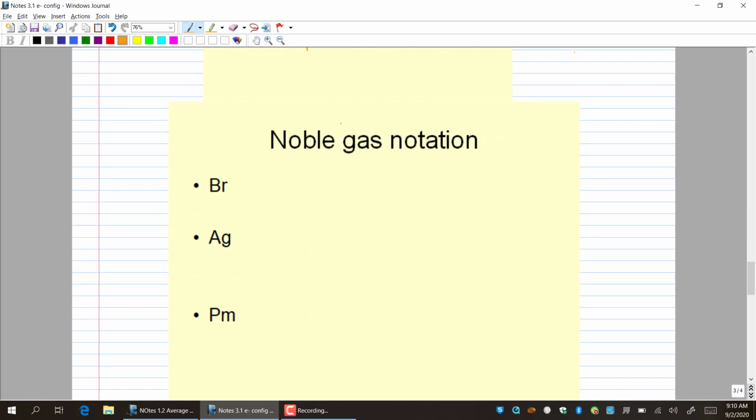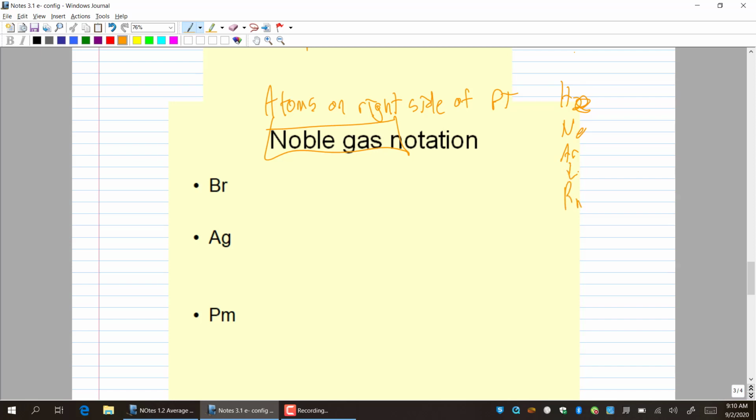So the noble gases are the atoms on the right-hand side of the periodic table. They are helium, neon, argon, all the way down to radon.